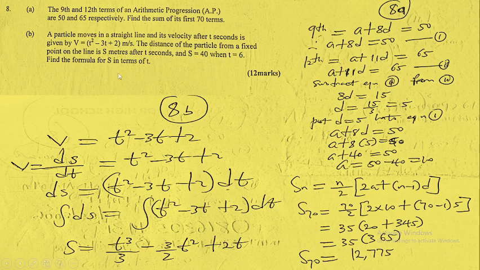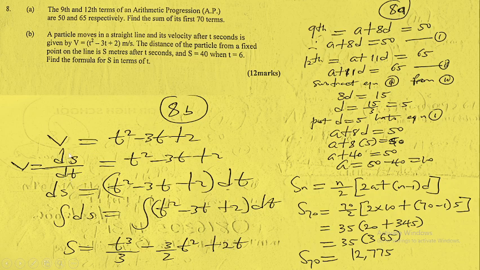So you are looking for the formula for distance in terms of t. Then we should be able to get it from this, since this is the formula of the velocity. But we know that velocity is distance over time. So when I differentiate distance with respect to time, that should give us the velocity.